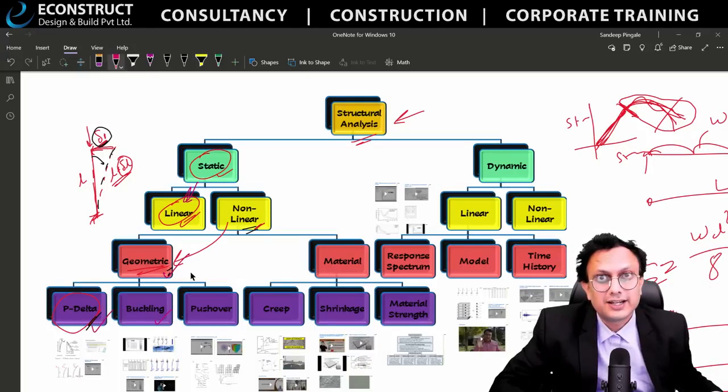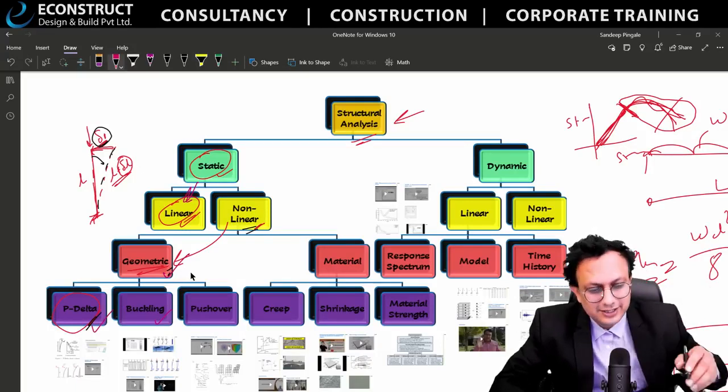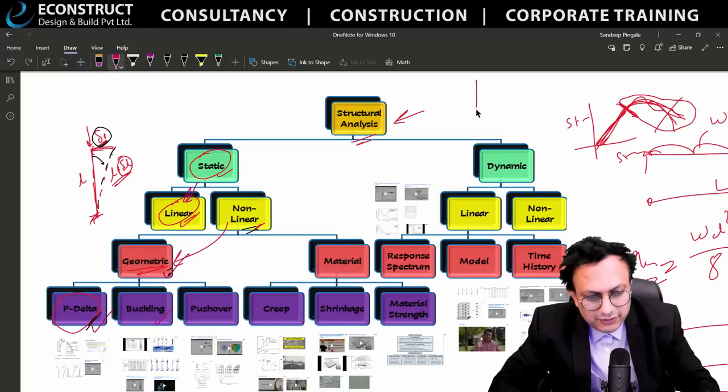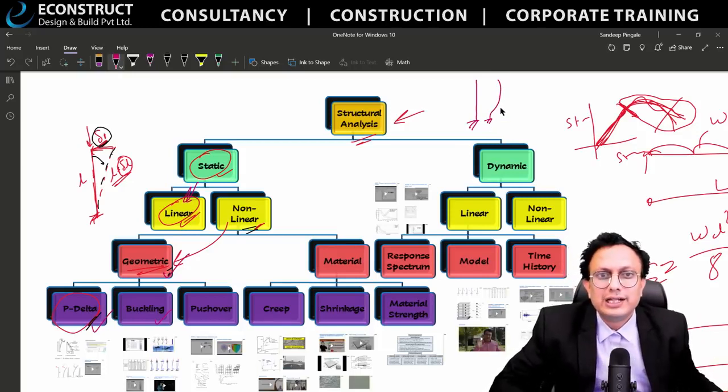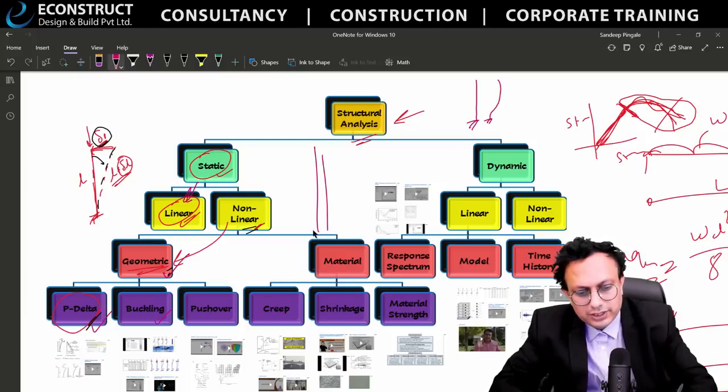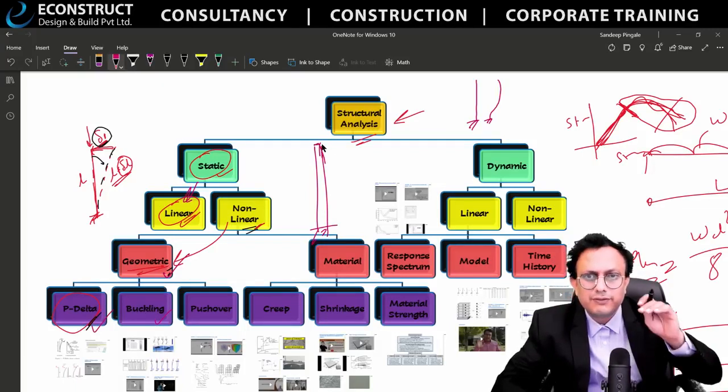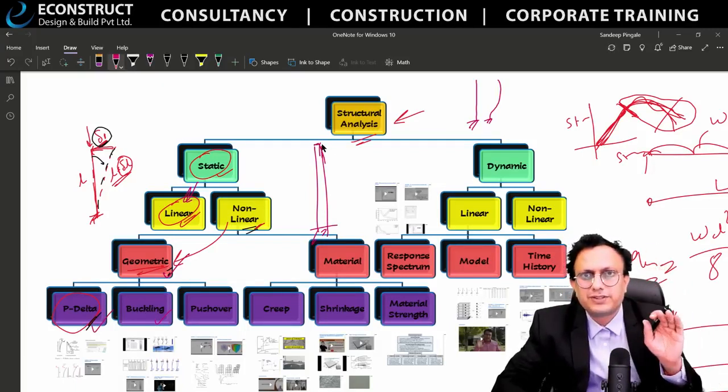It's a buckling analysis, right? So due to its self weight, if the structure is getting buckled, it's a buckling analysis. You will see the buckling analysis if the structure is tall enough, quite tall and stiff, a very tall structure standing.